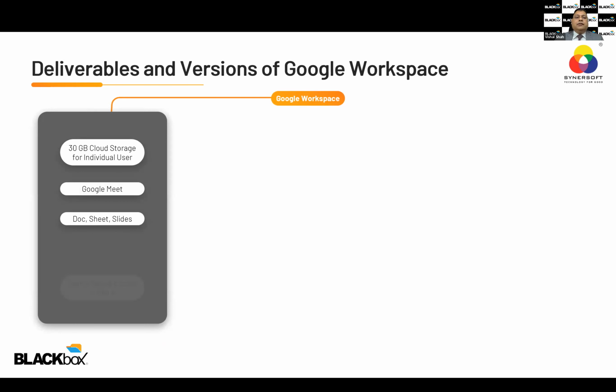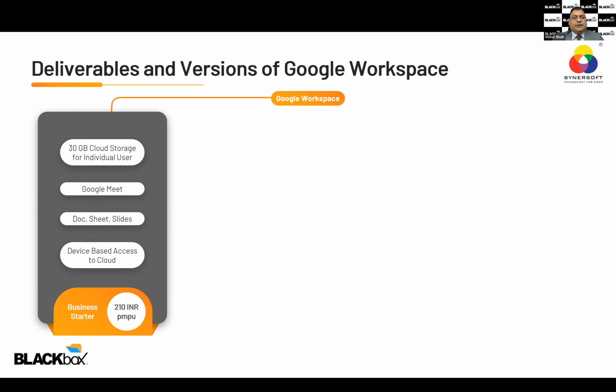They give device-based access to the cloud. They have two-factor authentication, and they charge 210 rupees per month per user. Now, this is giving you only a 30 GB mailbox. If it is shared between your emails as well as your cloud data, it is insufficient.